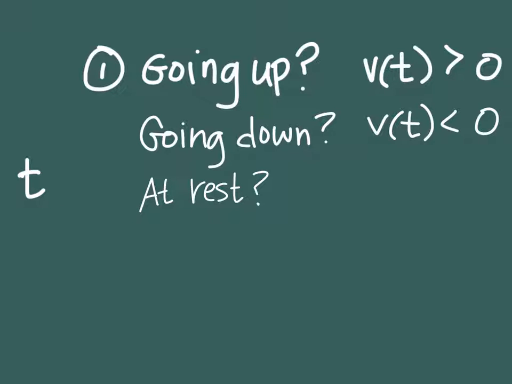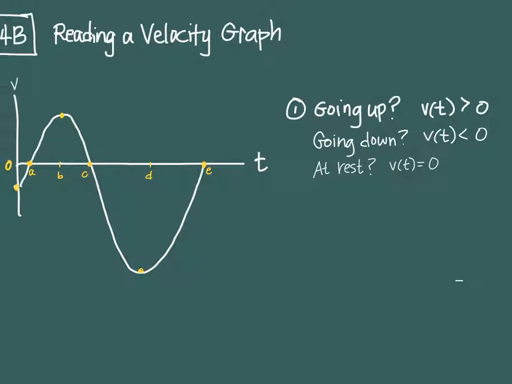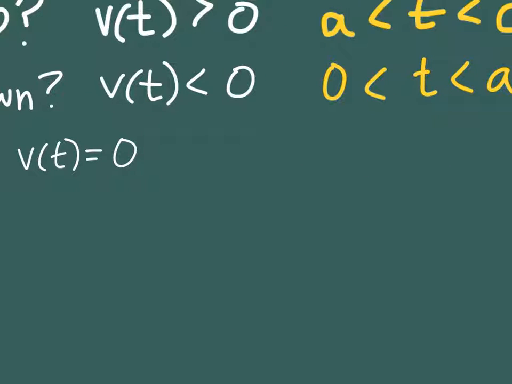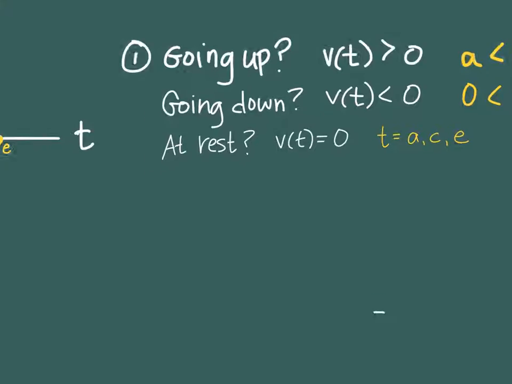What is the velocity definition of being at rest? V of t is equal to 0. And so where is that happening in this picture? A, C, and E. And so t is specifically equal to A, C, and E. And that's when it would be at rest.